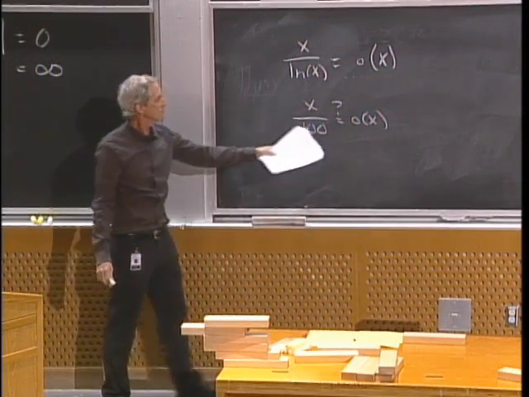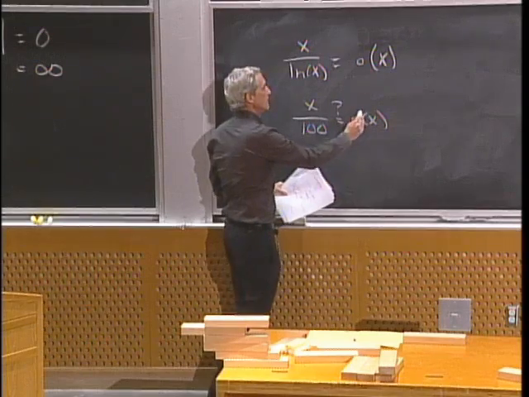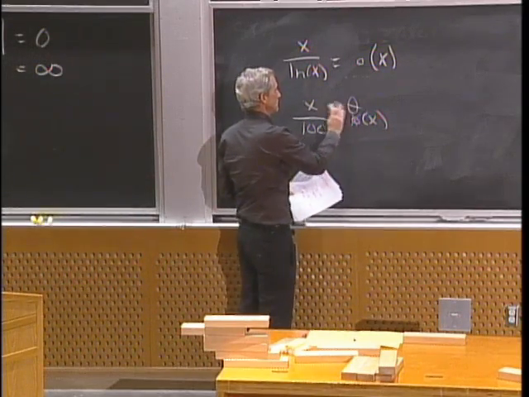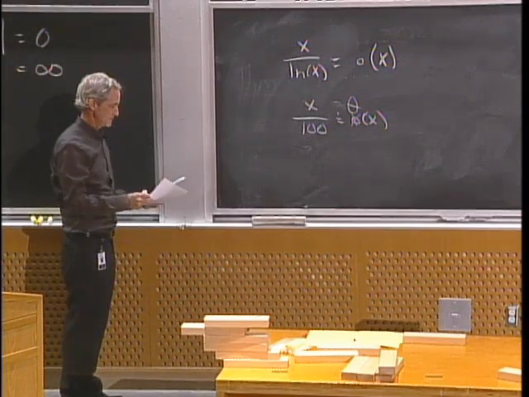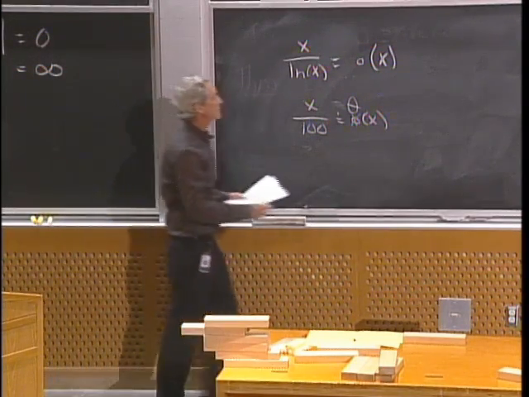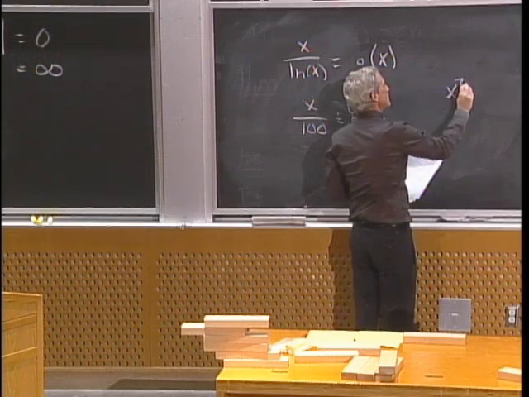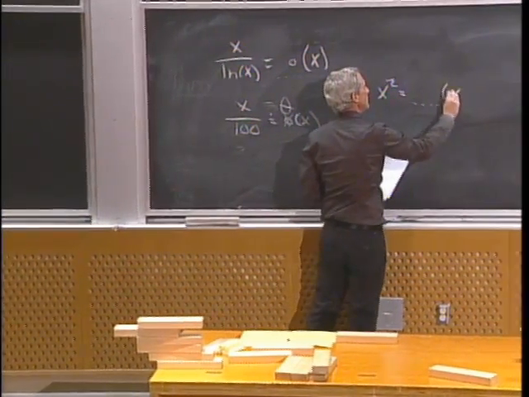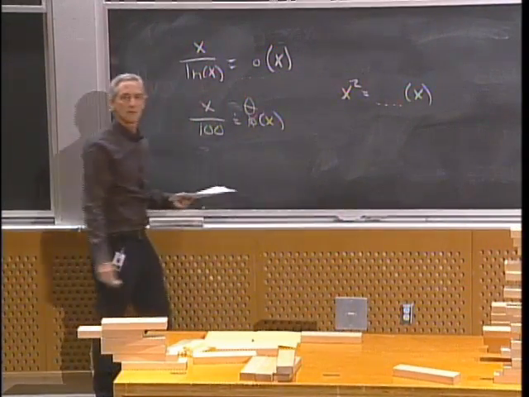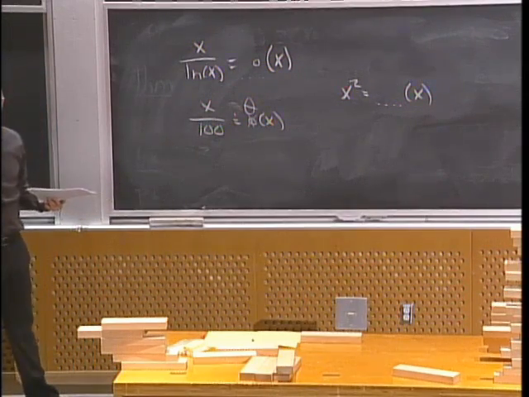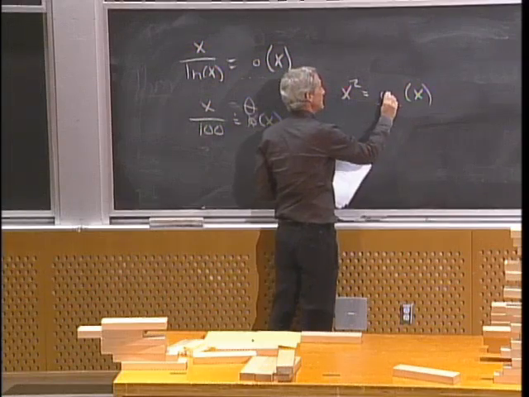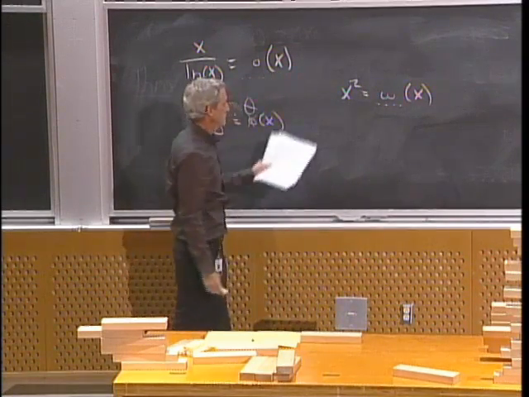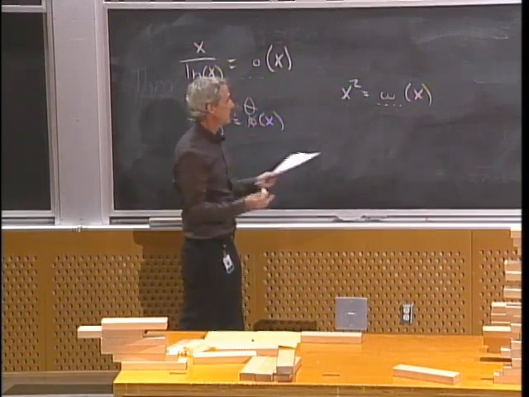All right, so what symbol would go here? Theta goes here. Good. Also big O and big omega, but theta captures everything. All right, what symbol goes here? X squared equals something x. Little omega. It would also be true to put big omega, but little omega tells you more, because the limit of x squared over x goes to infinity.